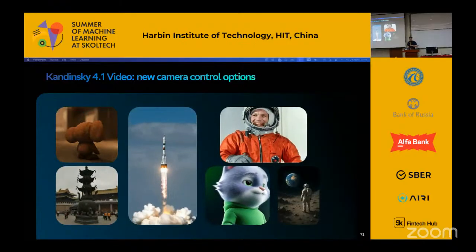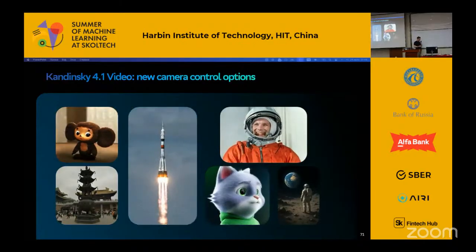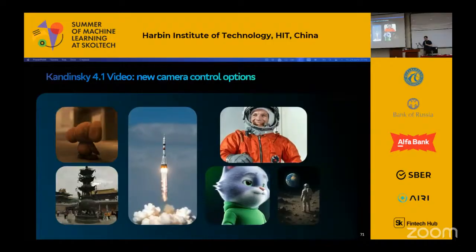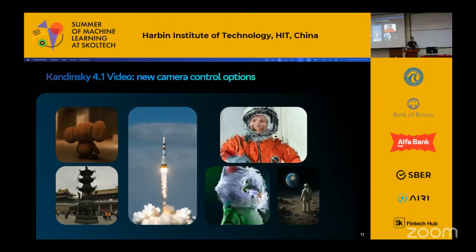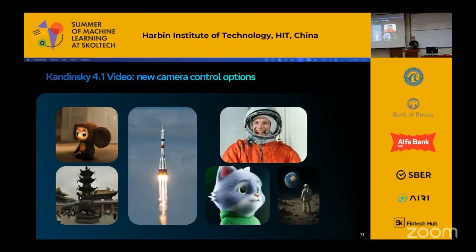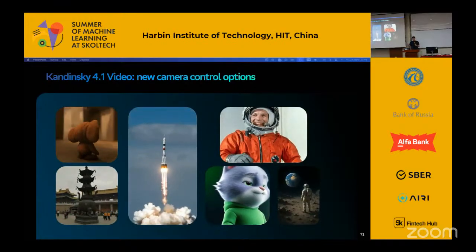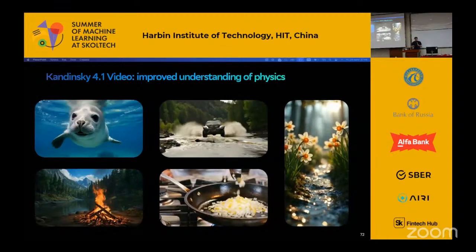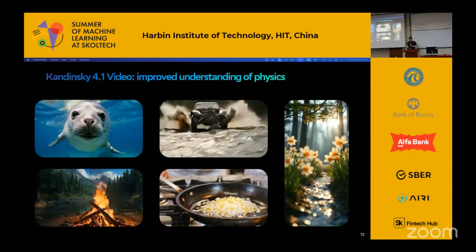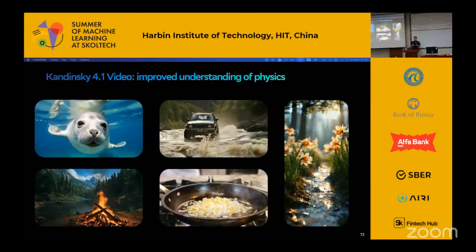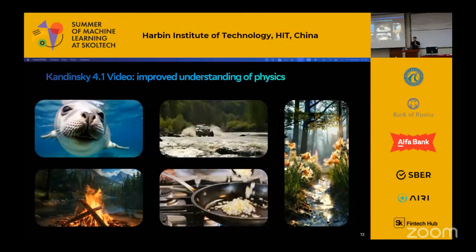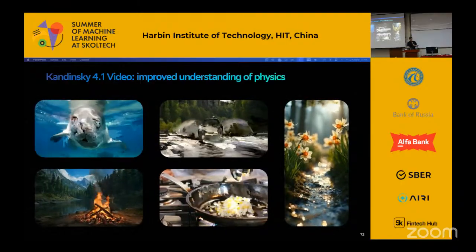Moreover, we can control the camera movements, for example, turn around videos, zoom in, zoom out videos, and so on. And this is achieved simply by training a LoRA. That's funny. Moreover, we improved understanding of physics, and this is why we developed the RLHF procedure there and some special reward functions.